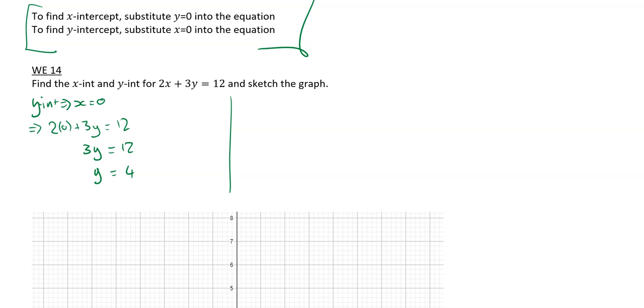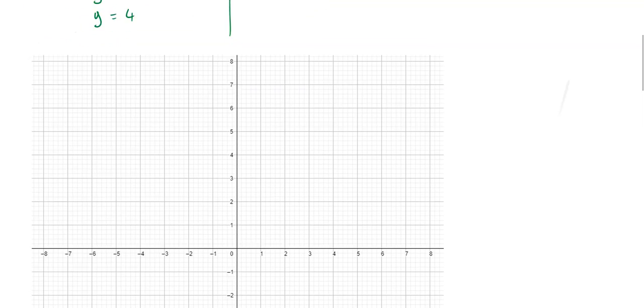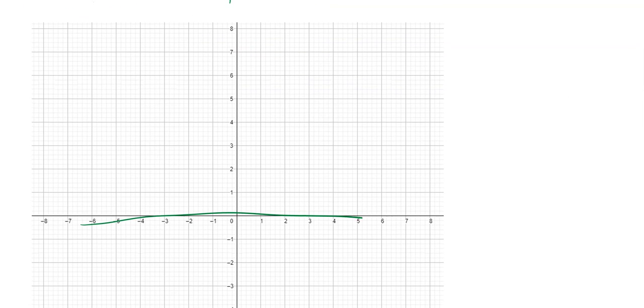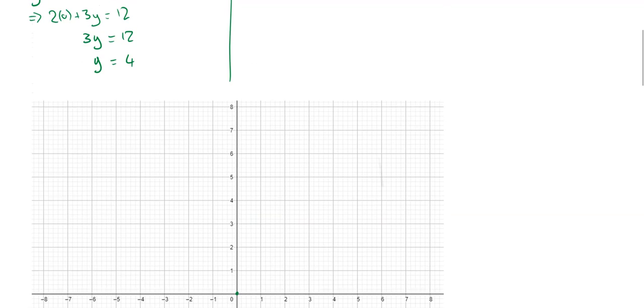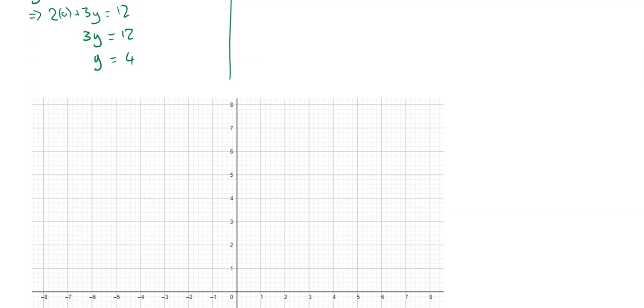Great. So I can actually just plot that point now. I've got when x equals 0, y equals 4, or x equals 0 along this line is here, pretty much. Sorry, I shouldn't put a dot there because that's not where I'm looking at this position here. And 4. So that's where my y-intercept is going to occur.